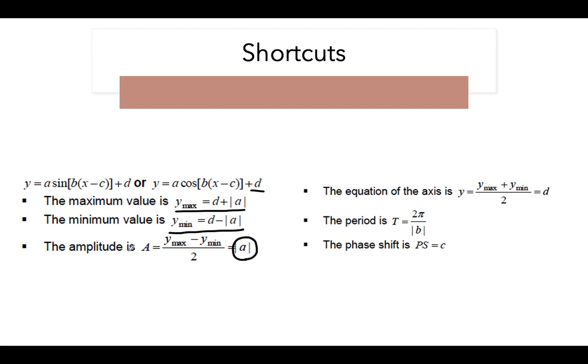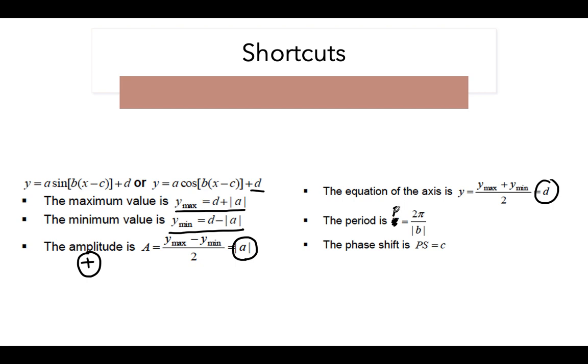Keep in mind, amplitude always has to be positive. It can never be negative because it represents a distance. The equation of the axis is d from the equation. Another way you can do it is to find the maximum y value plus the minimum y value, divided by 2.